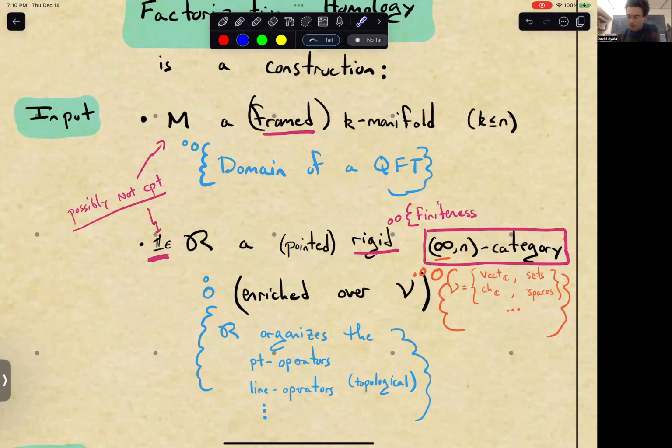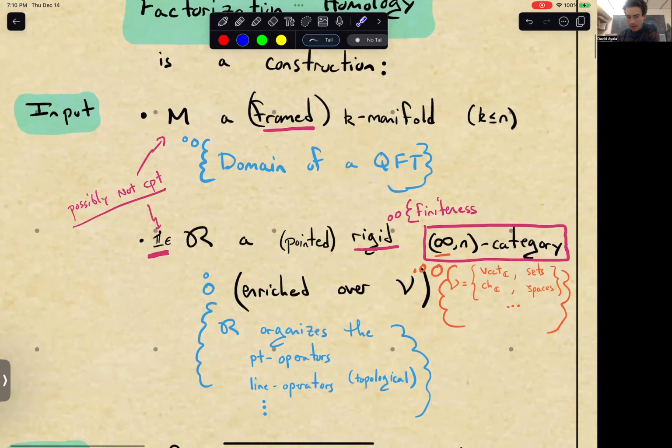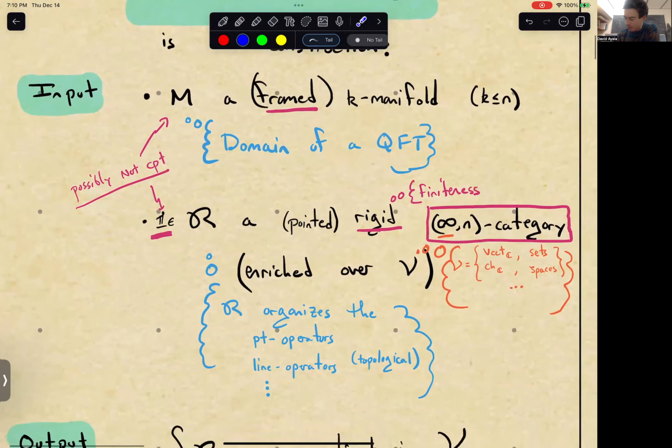Okay, so that's the input to factorization homology. It's a manifold, and it's an n category. And you can think of the manifold again as a domain of a QFT, and this n category as somehow organizing the point and line, etc., topological operators. Okay, so what's the output of this construction?